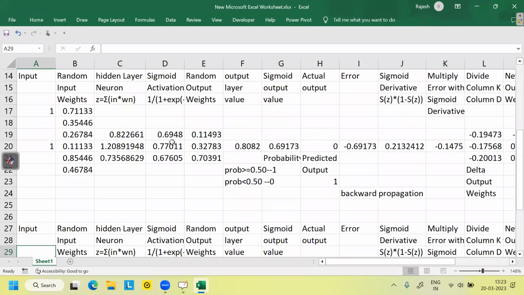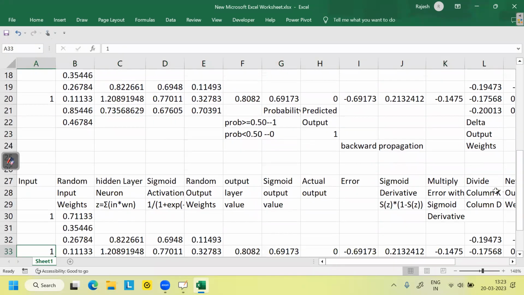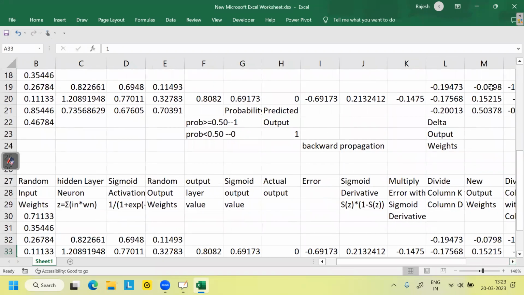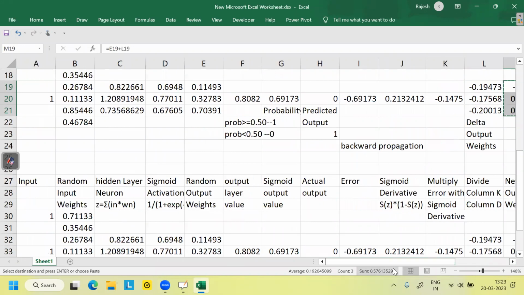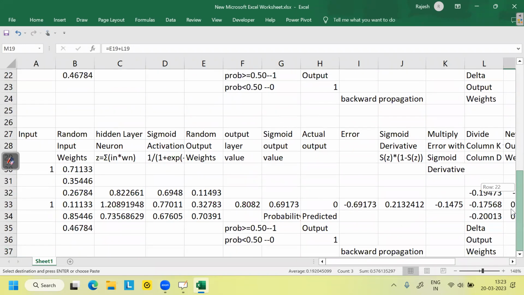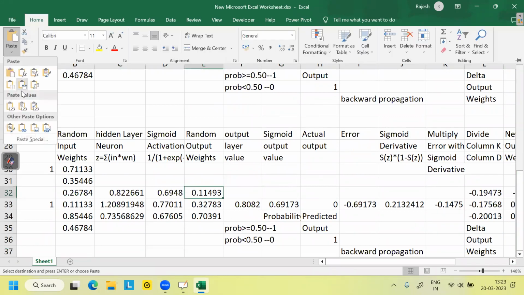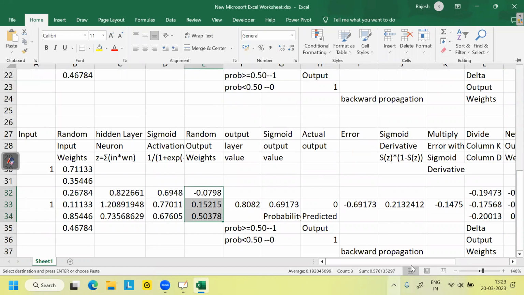Control S. Then I'll go to the previous iteration, get the new output weights, Control C, and replace them with paste special values and number formatting.